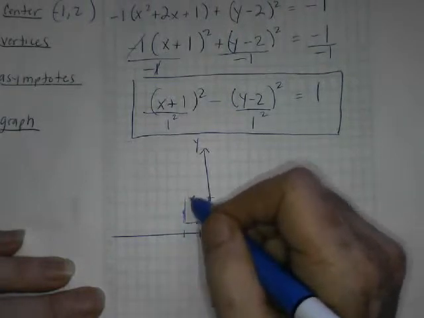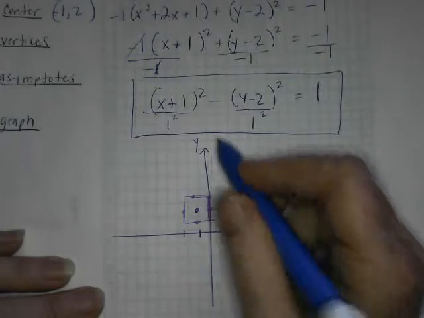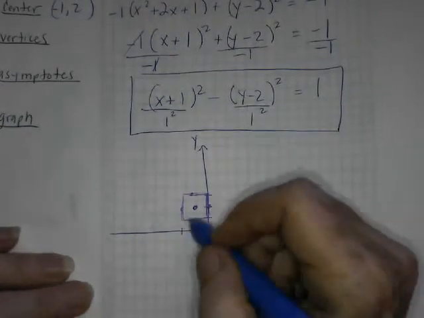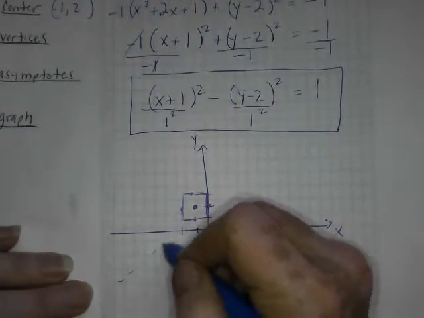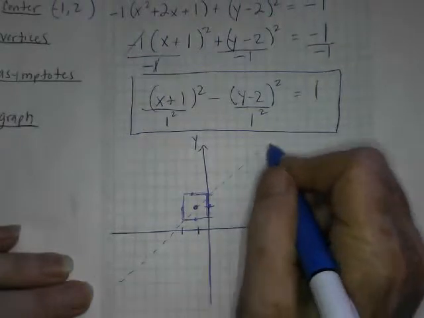The box is sitting right on this y-axis here. And then make my asymptotes go through the corners.